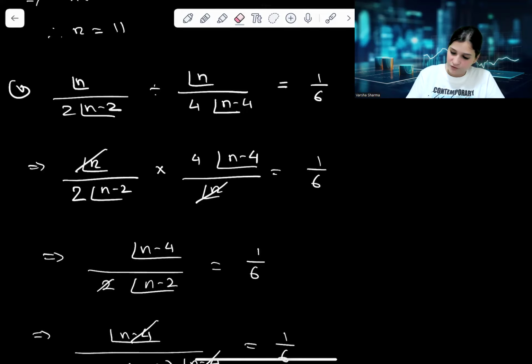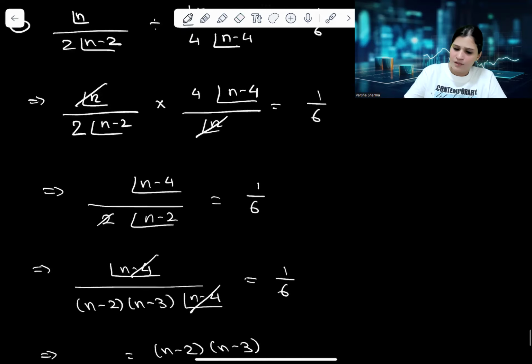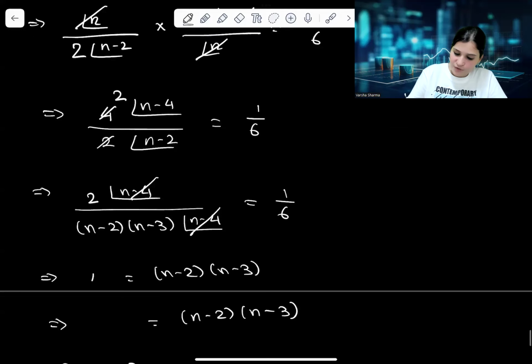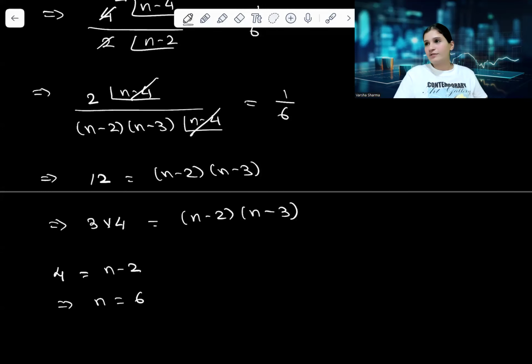So this is wrong. It's okay, ma'am. So this will be 4 by 2, that is 2. This becomes 12. So this will be 3 into 4. The larger number is 4. So n will be 6. If it would have been factorial 4, then the answer would have been 11. Okay. So same pattern, whatever comes in exam. Any problem? No.